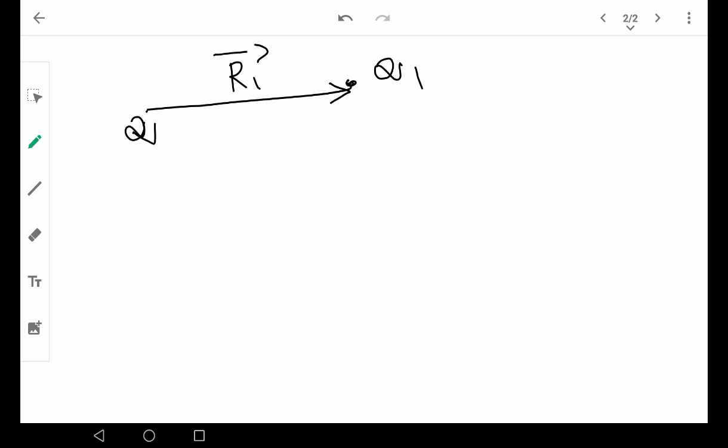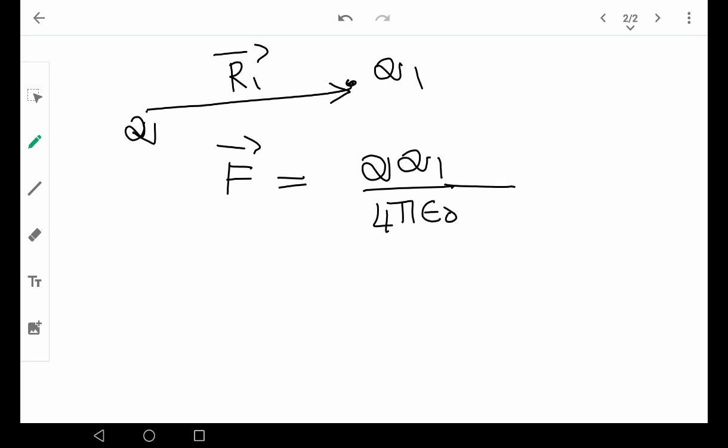Now the force experienced by Q1 due to Q, we can write as F equal to Q1 by 4 pi epsilon 0, then you have to find the magnitude square, and you know the unit vector R. This is the force experienced by Q1 due to the charge Q, right?